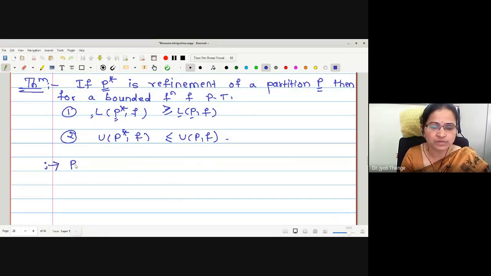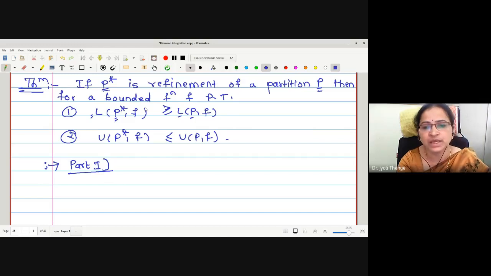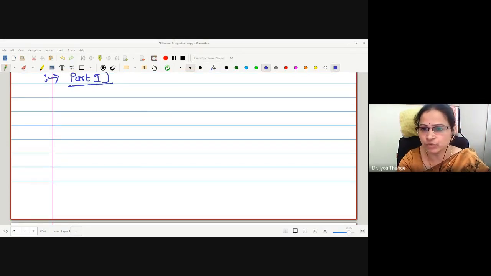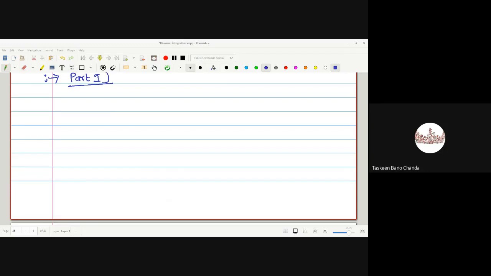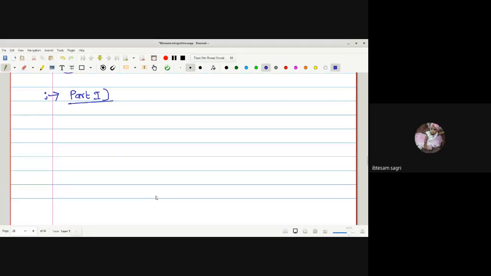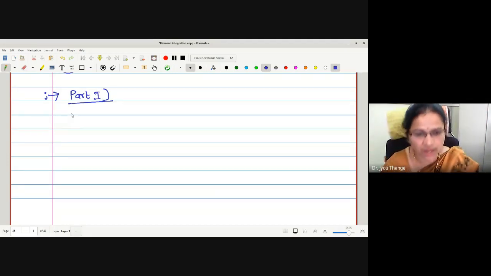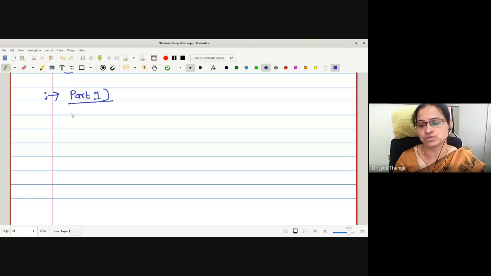Therefore, let me start the proof of the first part. In the first part, we will prove the lower sum increases with respect to refinement. Is the statement clear to everyone? Yes, ma'am. Now, in this P star, if I take more points extra, then it will be difficult for us to do the calculations or to show the result.